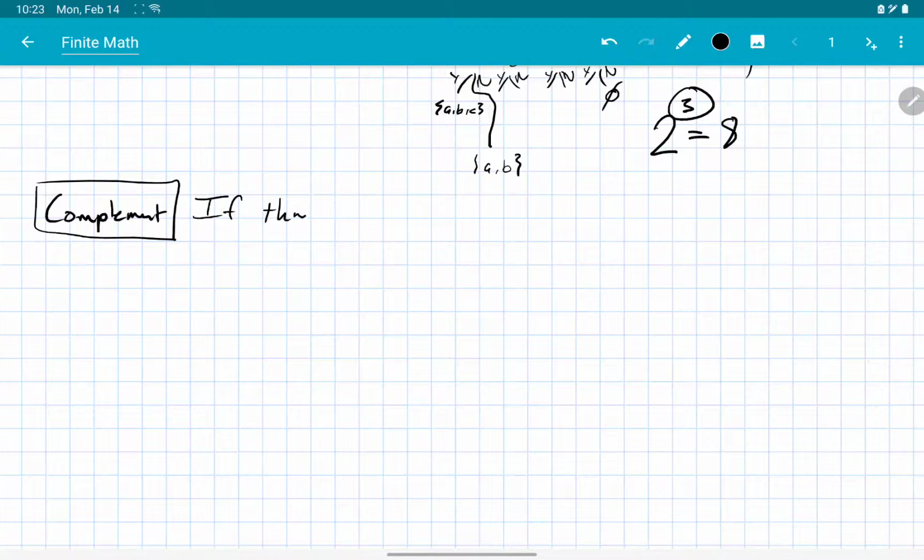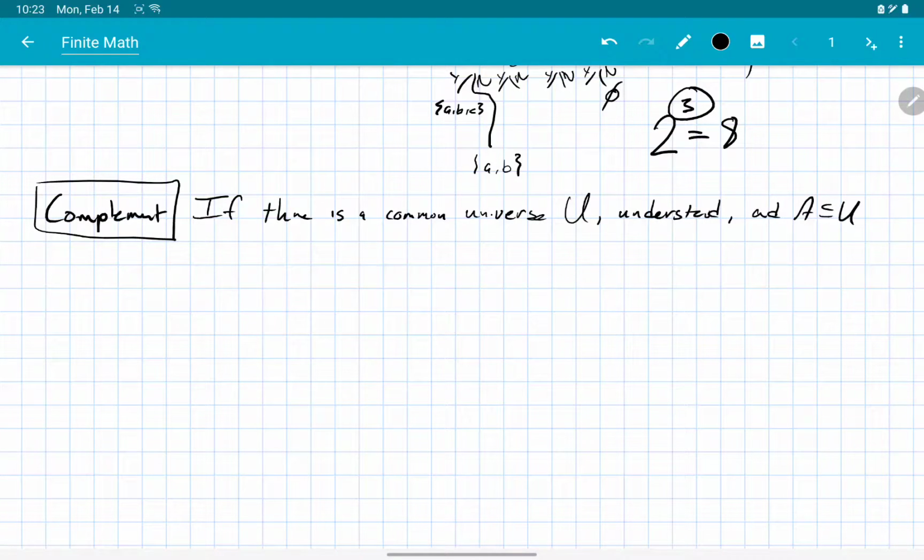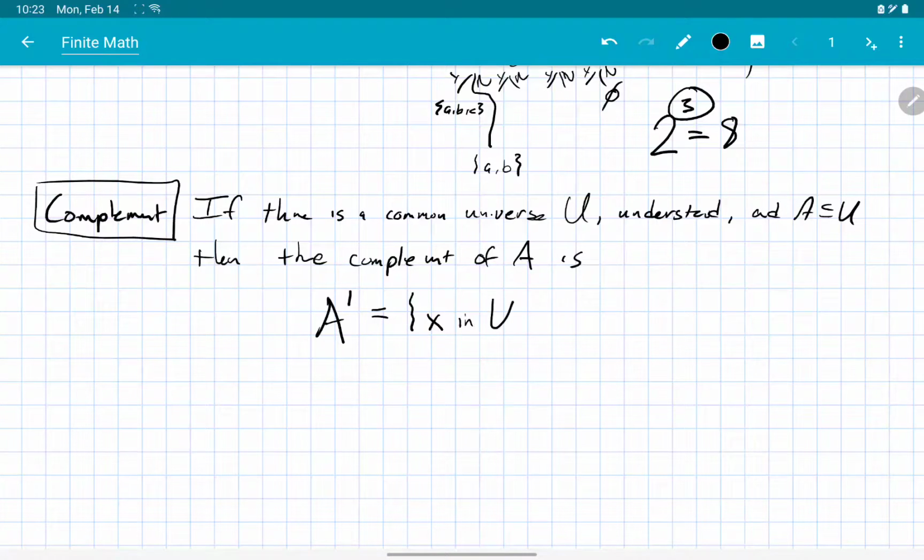If there is a common universe, and I'm not defining that, U understood, and A is a subset of U, then the complement of A is written this way, A prime. And it is all X in U so that X is not in A. So it's the opposite of A.